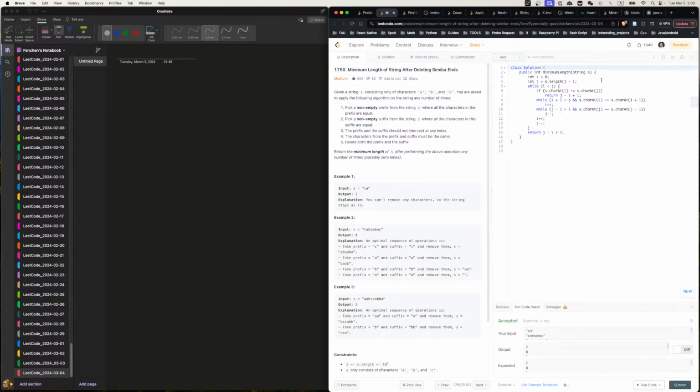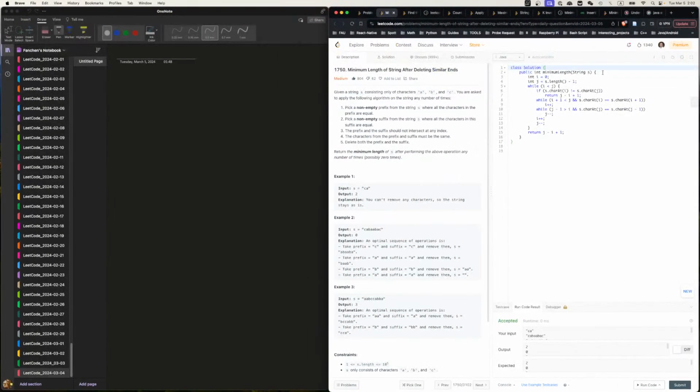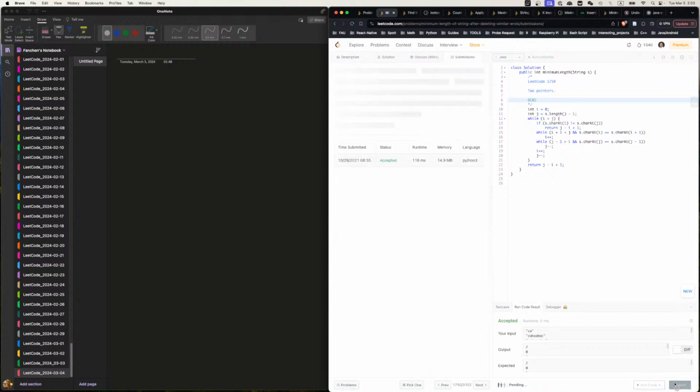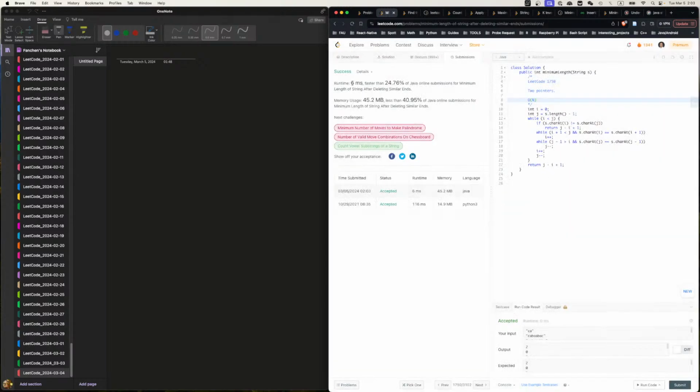So call it two pointers, right? Is there a faster method than this?